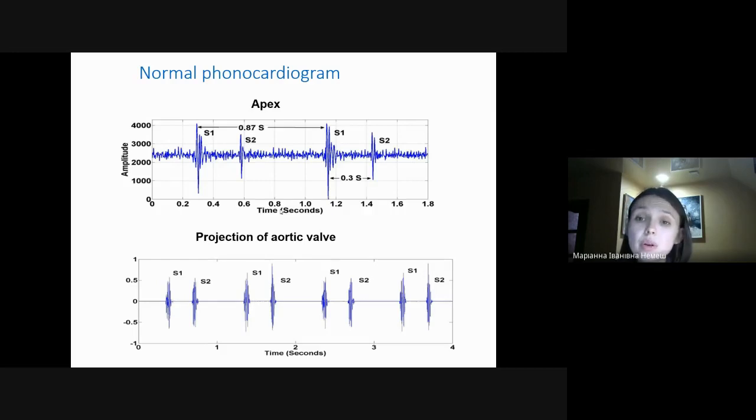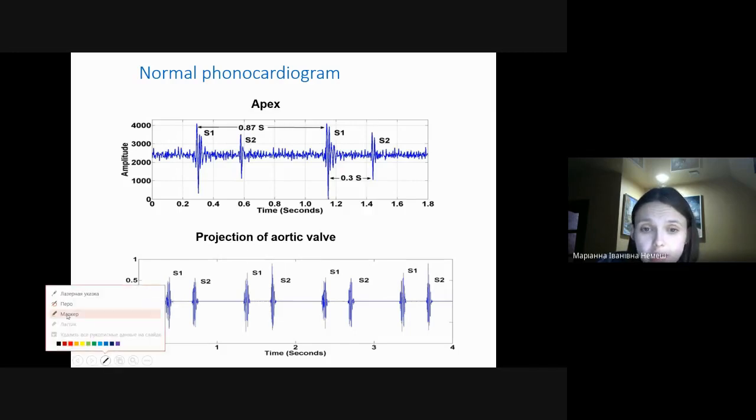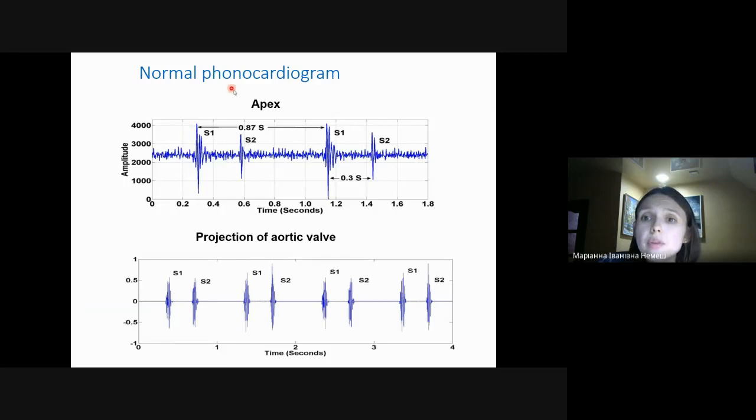Nevertheless, we also receive the electrical recordings of this sound, which are present in this slide. In normal phonocardiography, you see how S1 and S2 are going to be recorded, and the projection of the aortic valve, and how the sounds S1 and S2 are recorded.